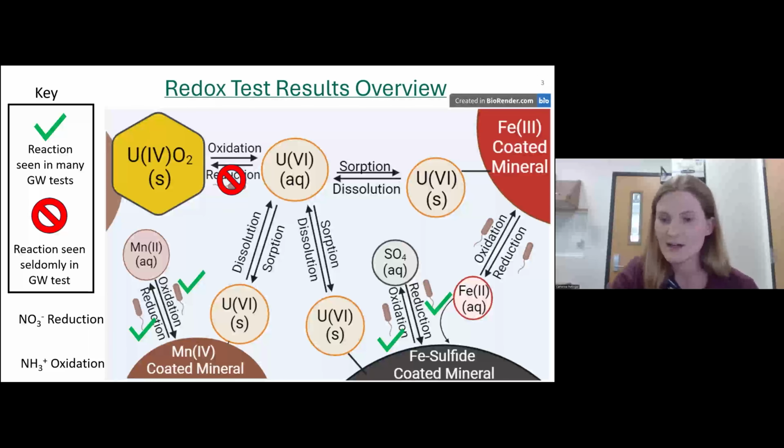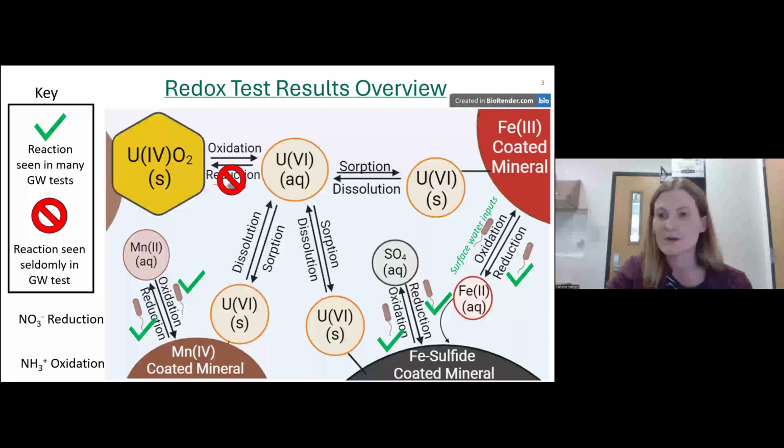And then moving a little bit to the right of that, uranium oxidation and reduction. This one was a little bit interesting because we saw oxidation in a couple sites, but not frequently, usually the ones that had surface water inputs. Which makes sense, that with more oxic conditions, there might be some microbes that can utilize the oxygen in a microaerophilic environment.